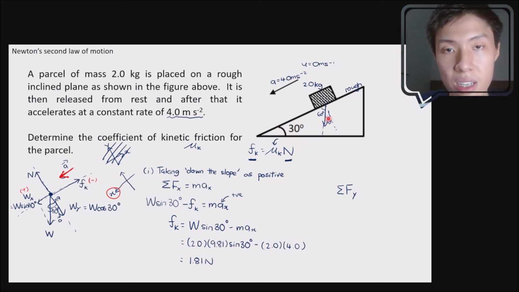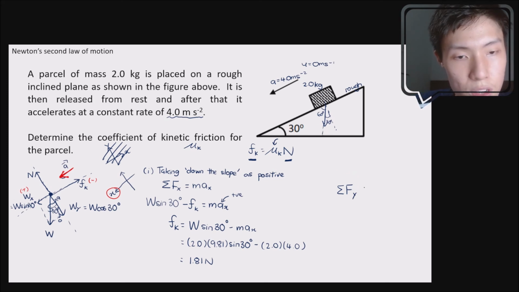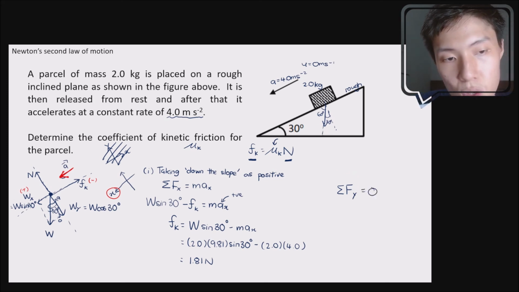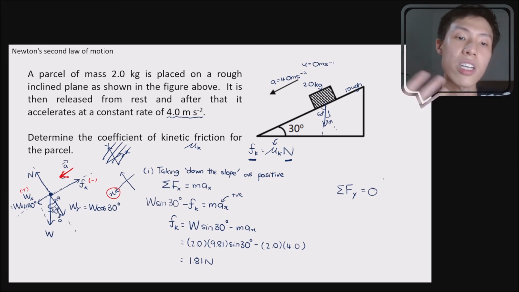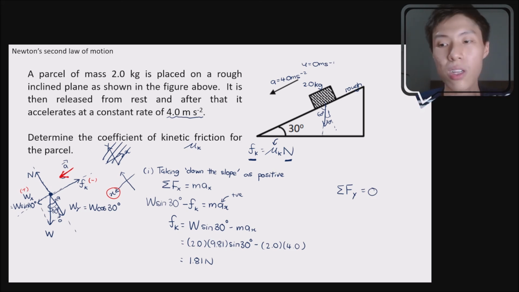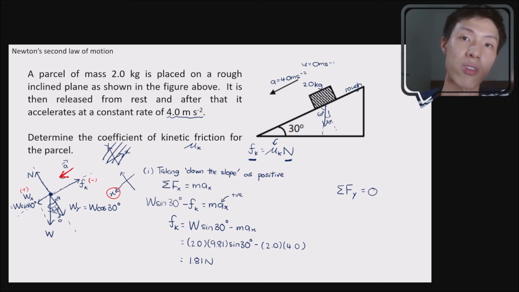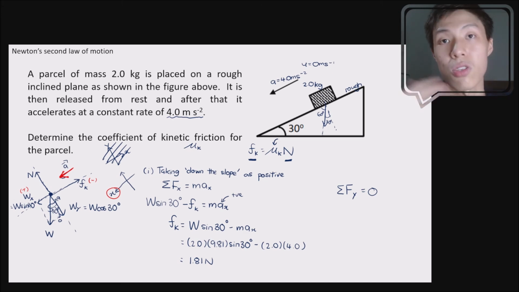So if at rest in the y dimension, we analyze it using first law. So here we use first law. First law tells us that sum of Fy is equal to 0. When sum of Fy is equal to 0, it's not a must to define where is positive, where is negative, because you take one side minus the other side, you get 0. No matter you take down minus up or up minus down, you still get 0.